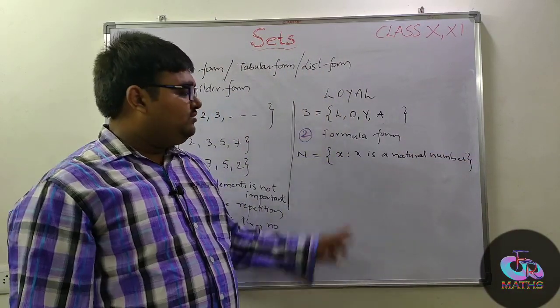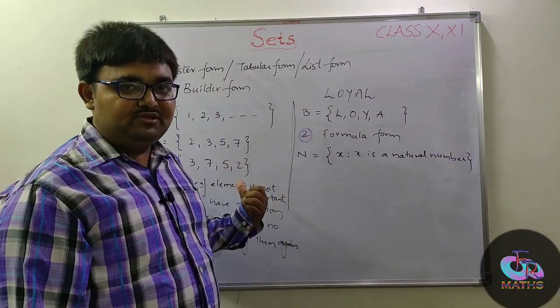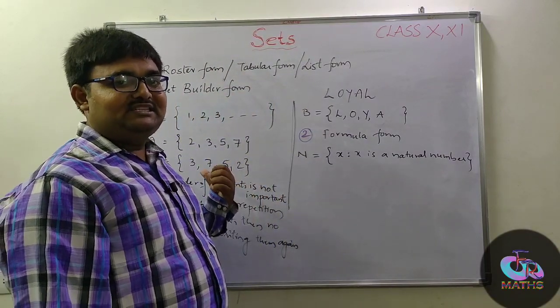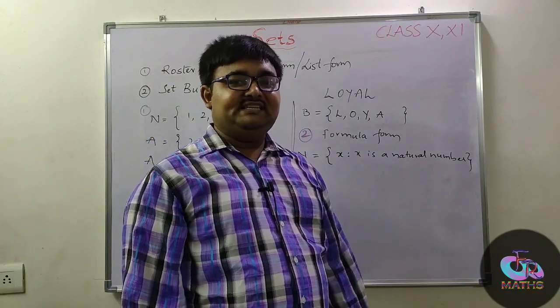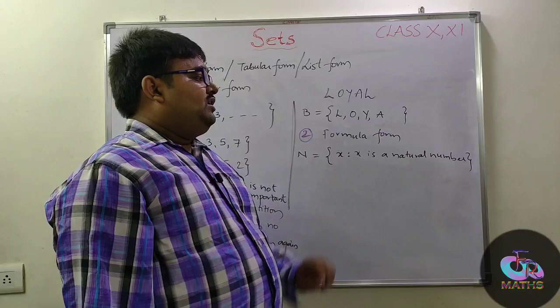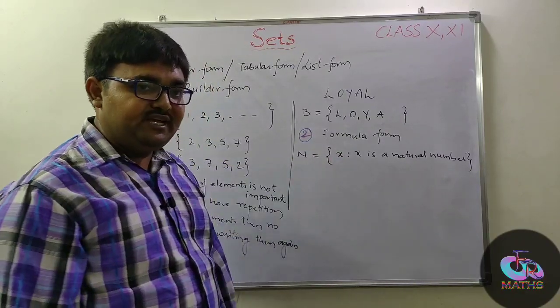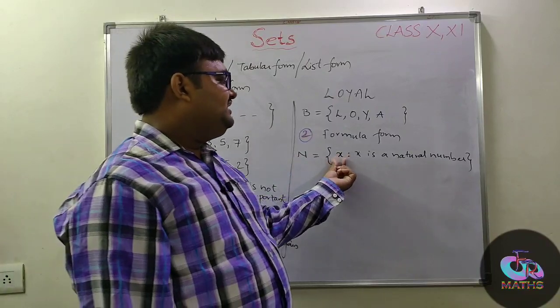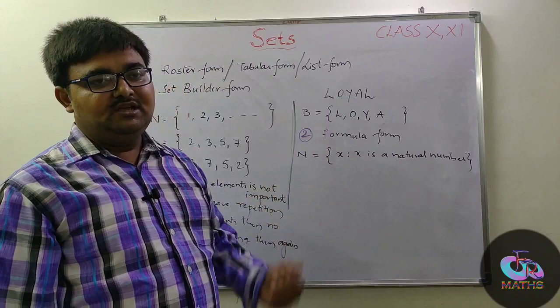Here also we are going to use the braces, so that is common. In roster form we use the elements directly separated by commas, whereas in this you are going to write its formula. Here x is the thing we are going to take for this set N. What is x here? x is a natural number. So we need to take the natural numbers one by one.